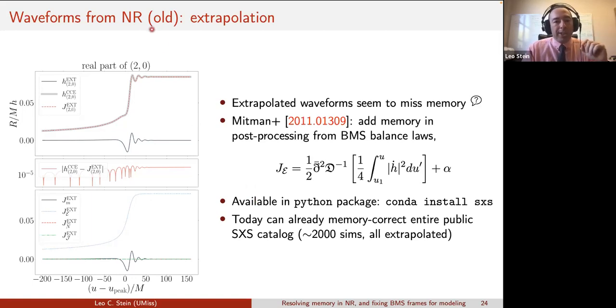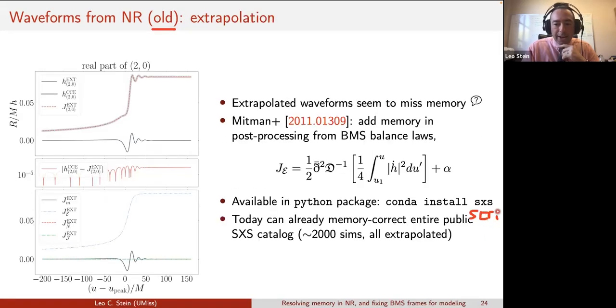But anyway, let me emphasize that this is still the old way to do things. So if this sounds funny, it is, but don't worry about it too much. But if this is something that you want to do, it's implemented in this package called SXS. Or maybe this is in the scri package. There's another package called scri. Oops, that's supposed to be a C. I can't write it apparently.